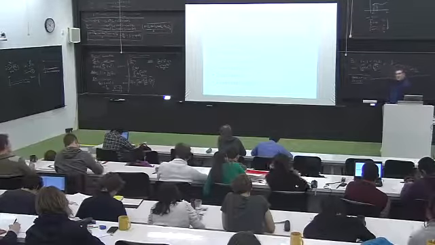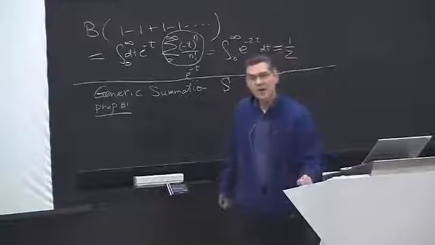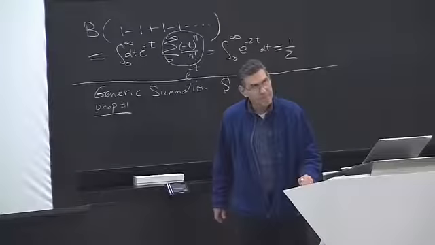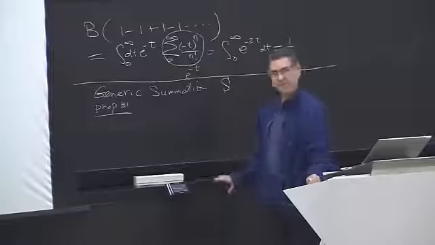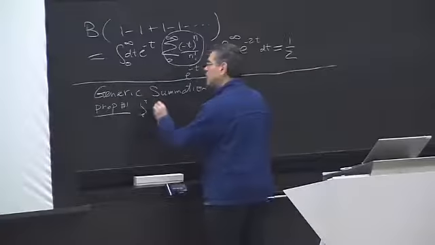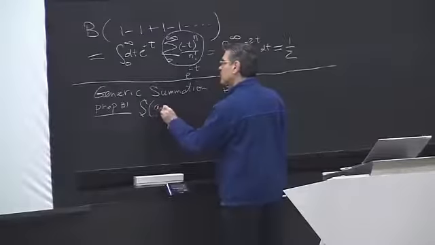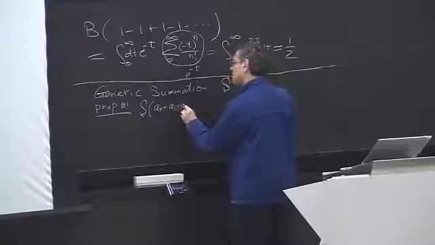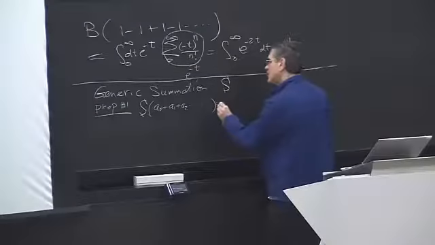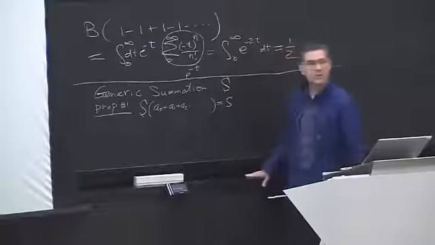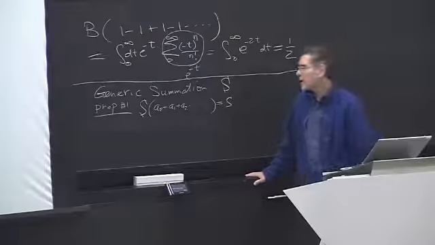okay, the first property is that it should behave like a sum. So what does that mean? Okay? So this is some machine that takes the series A0 plus A1 plus A2 and so on and assigns a number to it called the sum of the series, S. Okay?